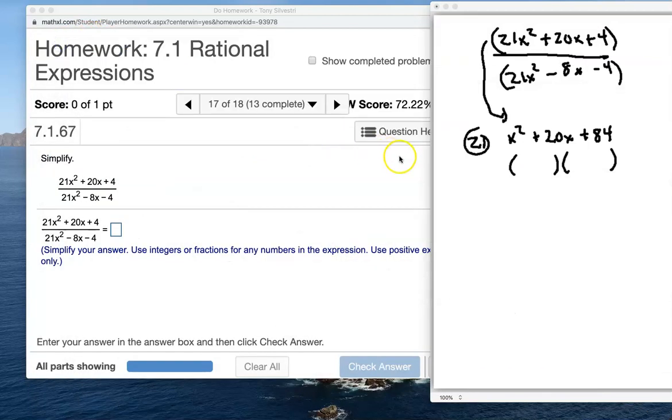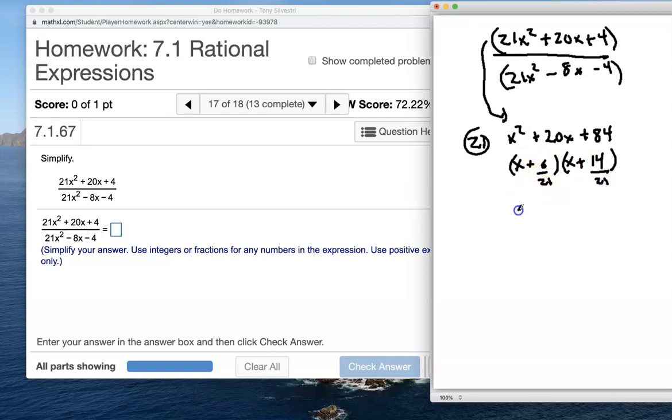Let's keep that alive. Looks to me like this would be x plus 6 and x plus 14. Wow, okay. What do we do now? Well, what you do now is you make fractions out of those numbers, 6 and 14 with the magic number, 21.